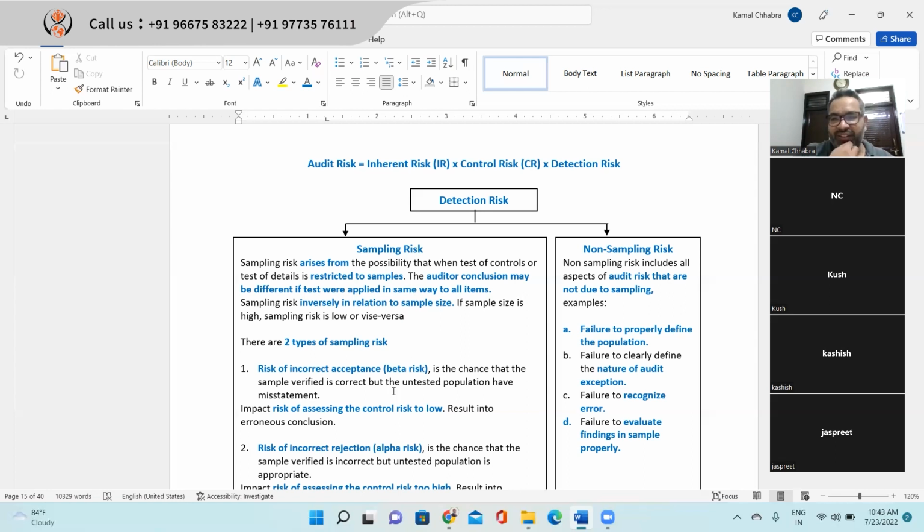What is inherent risk? Hope you guys remember. Any idea what is inherent risk? Risk which is inherent to the business, in the characteristics of that particular business. The nature of the business. Nature of business and nature of transaction, right?